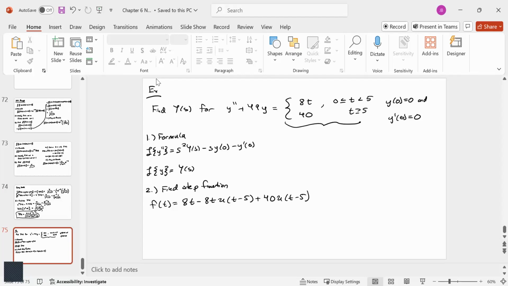So when t equals 5, 8t and 8t cancel each other out, and then you're just left with 40. So that is our step function. And then we can simplify it, which we might do later.